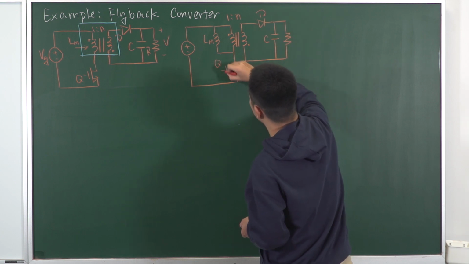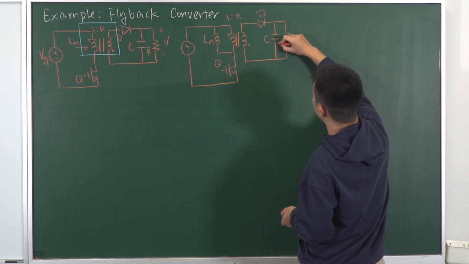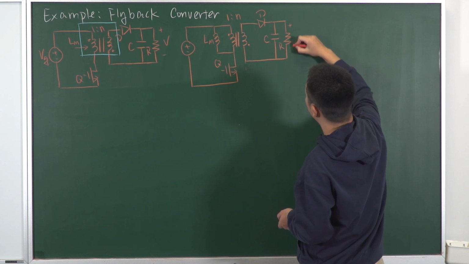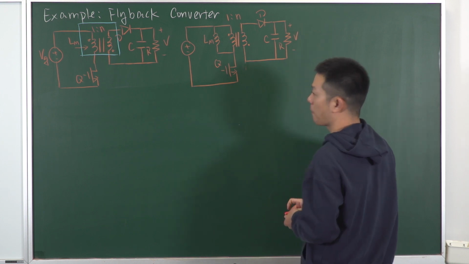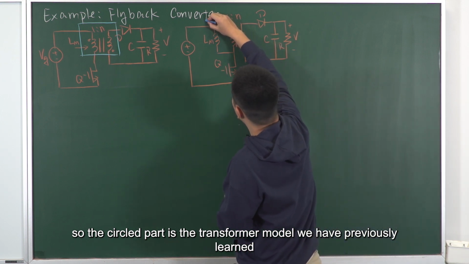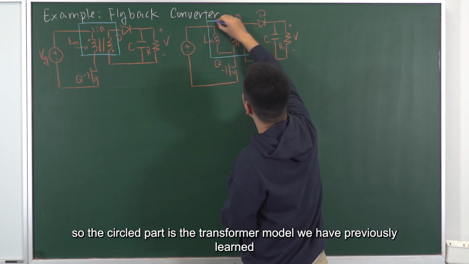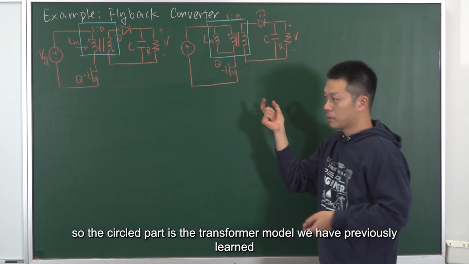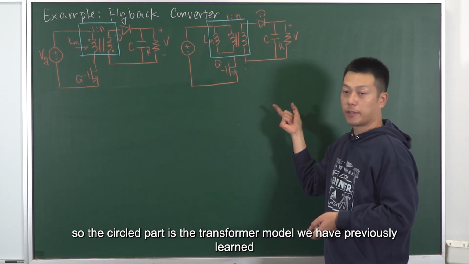Diode, MOSFET, load. The circled part is the transformer model we have previously learned.